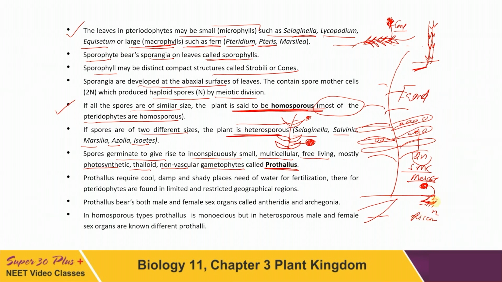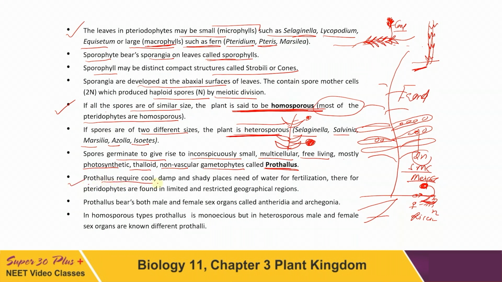What will happen now? On this, male and female sex organs will be born. This prothallus will have the so-called male antheridium and the female archegonium, which will produce male and female gametes.